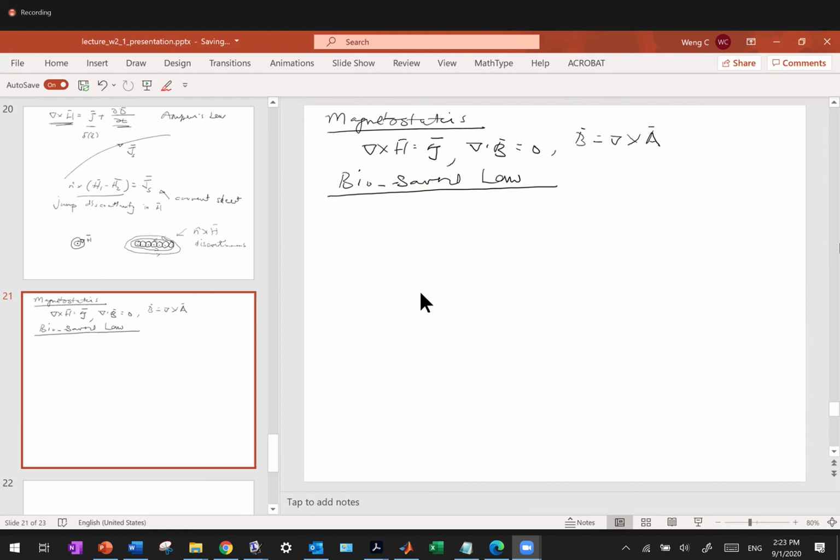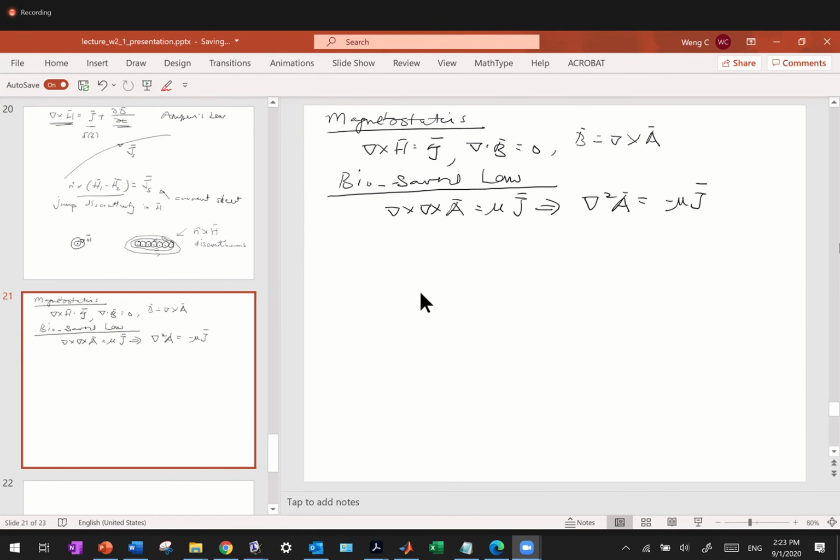Gauss law is obtained by solving this equation. Curl of A equal to mu J, and as we said before, this equation can be simplified by using Coulomb's gauge. It becomes Laplacian of A equal to minus mu J.